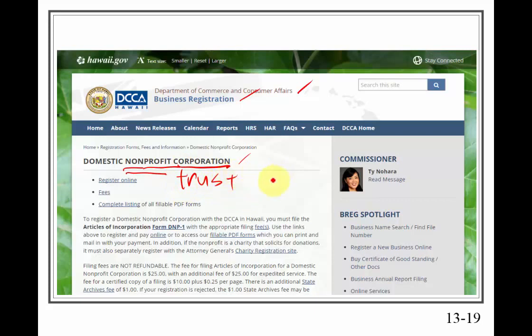Once you register with the state, now you have a legal entity to do your business, be it profit or nonprofit. You also should be registering with the IRS, not to be recognized as a nonprofit, but just to get an ID number.